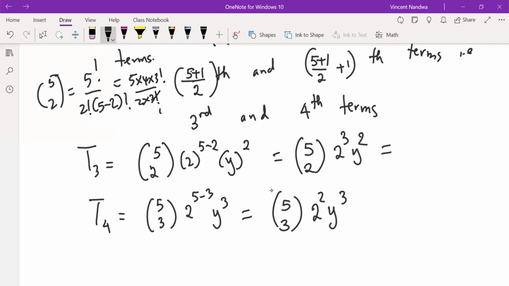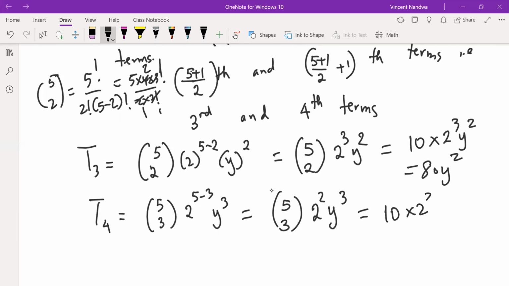So this is 10, times 2^3 y^2, which is 80y^2. Also 5C3 is 10, times 2^2 y^3, which is 40y^3. So the middle terms will be 80y^2 and 40y^3.